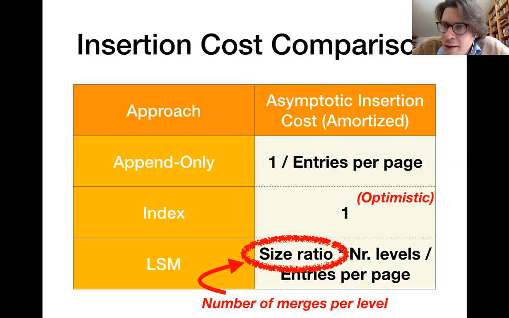But at least I'm avoiding random accesses. I'm writing data sequentially during those merge operations. This is why I can again divide by the number of entries per page. So altogether, this gives me somewhat a compromise between the two previous approaches, which still has pretty good insertion performance.